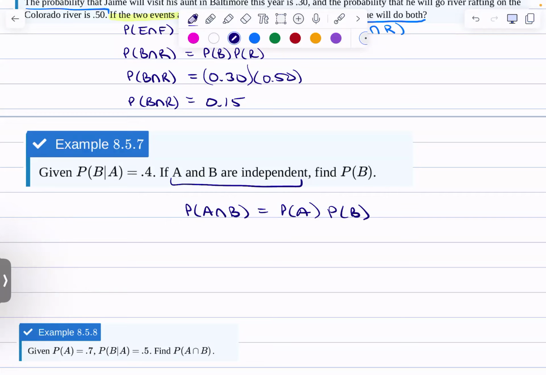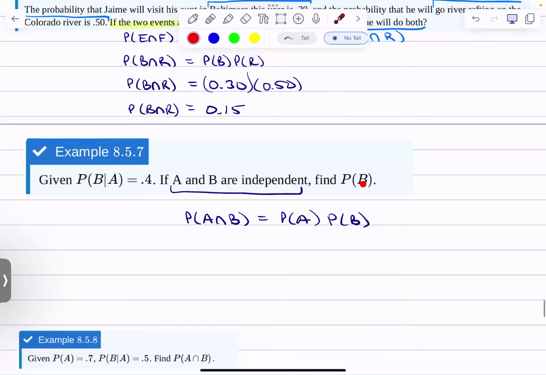It's a sneaky one. We want to find the probability of B. But the probability of B, if A and B are independent, is the probability of B given A.